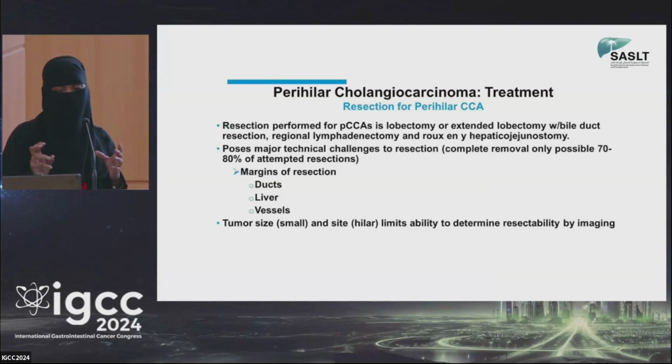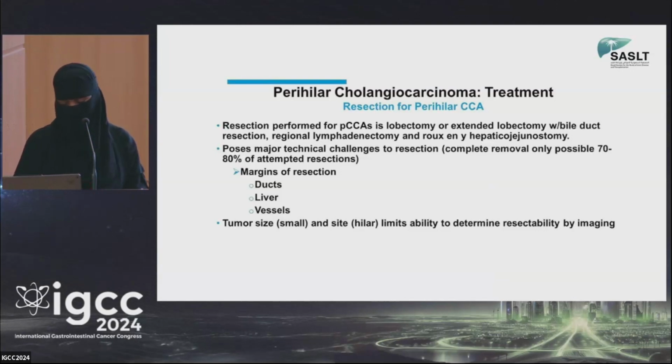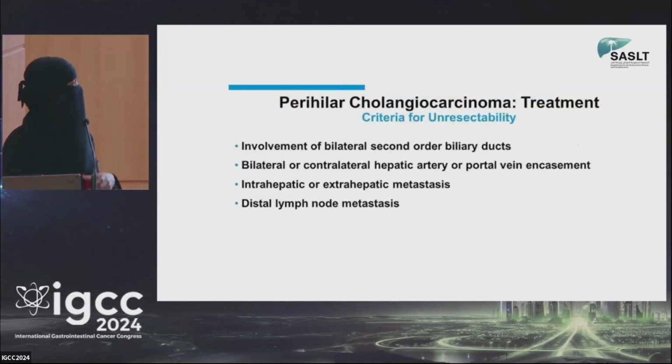And sometimes with pre-hilar cholangiocarcinoma, the resection is difficult because of local invasion to the biliary system or to the lymph nodes or to the liver tissue itself or to vascular organs close to the hilum. So that's making the patient unresectable. And the other thing is the tumor size that would affect the outcome of the tumor or the decision for the surgeons.